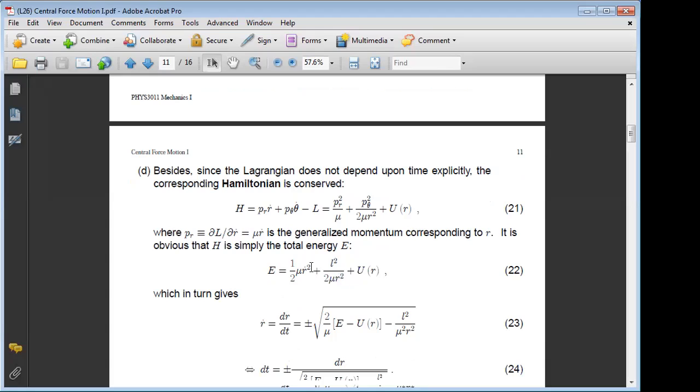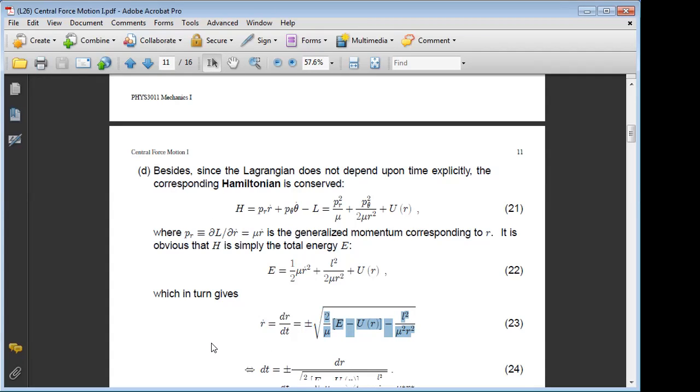Since E is a constant and L is a constant, let us re-express this equation in the form of equation 23. Now we can see that R dot is equal to plus or minus the square root of this quantity, all right?